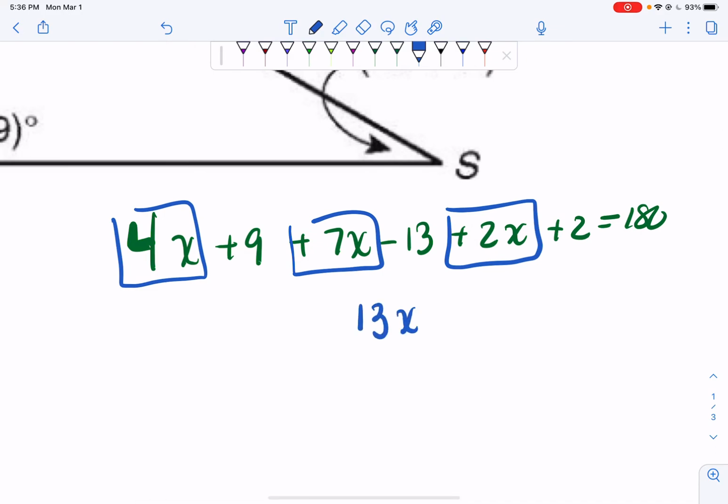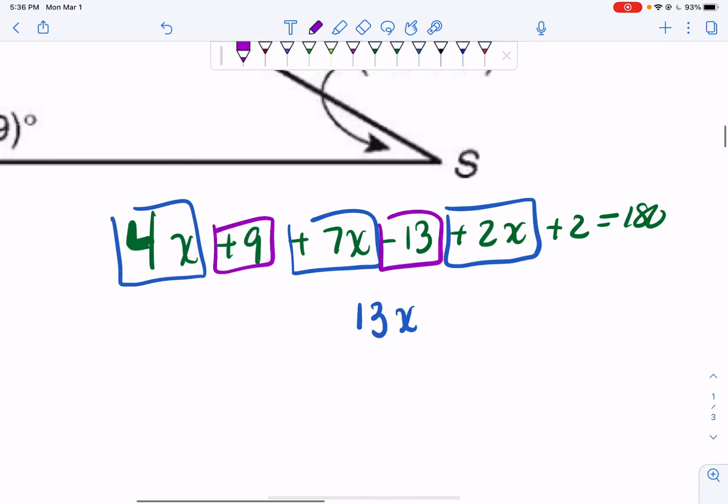Now I'm going to do my constants. Let's change the color to purple. Plus 9 minus 13 plus 2. Well, 9 plus 2 is 11. Take away 13, that's negative 2. So I have 13x minus 2 equals 180.